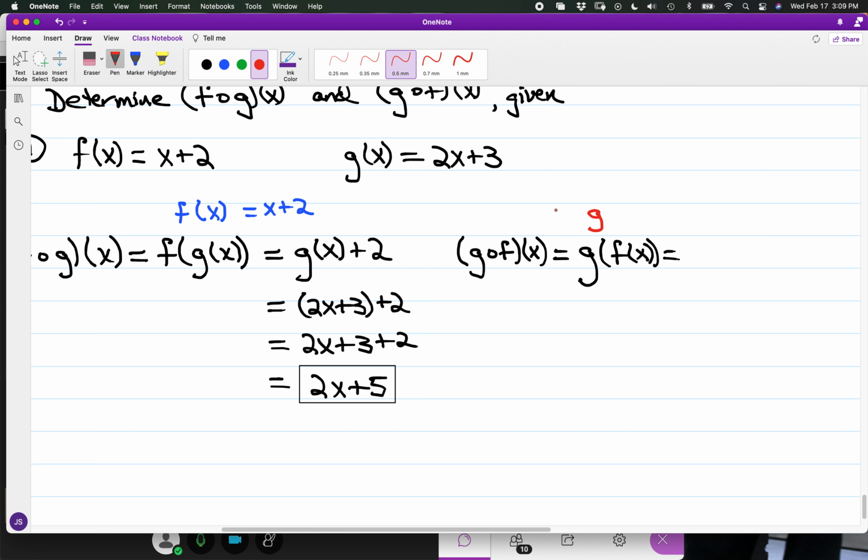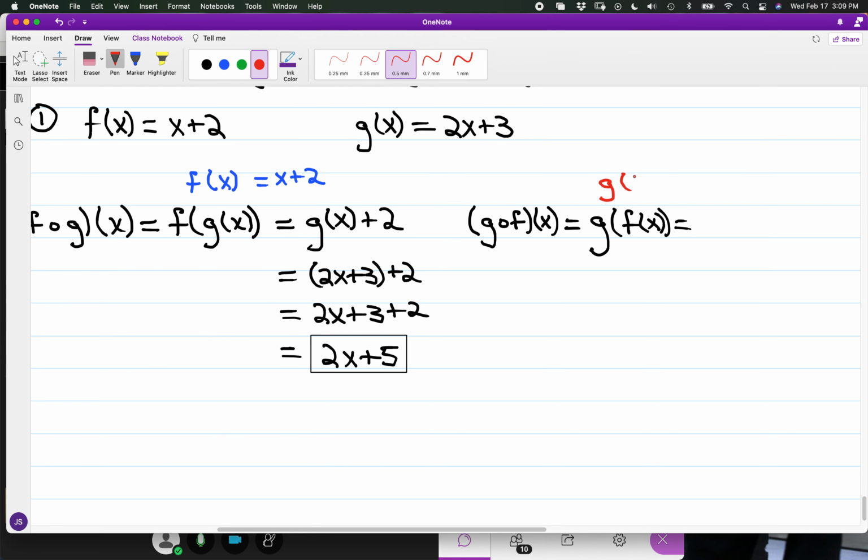And again, just referencing what is given, g of the input is equal to 2 times the input followed by the addition of 3. Now the input here in the composition, we're going to have 2 times f of x followed by the addition of 3. And again, just specifying what f of x is.